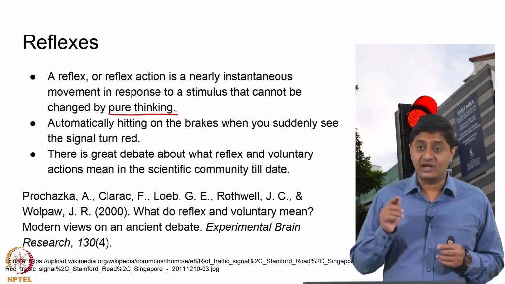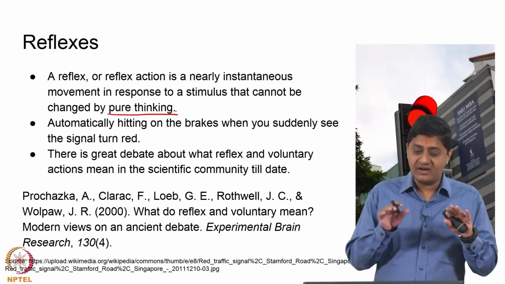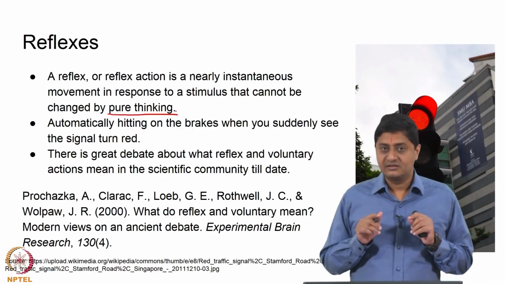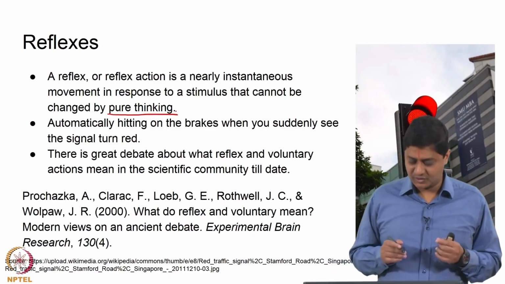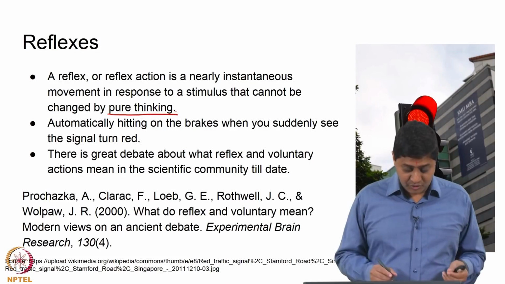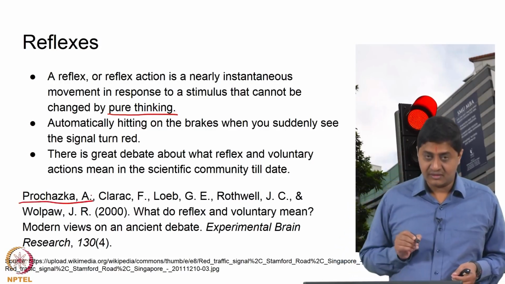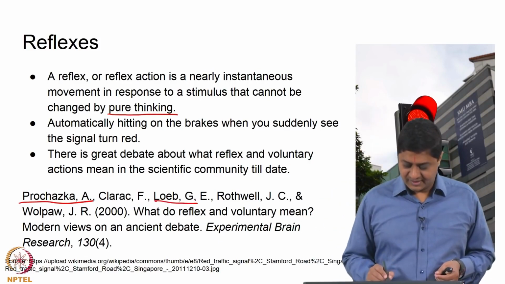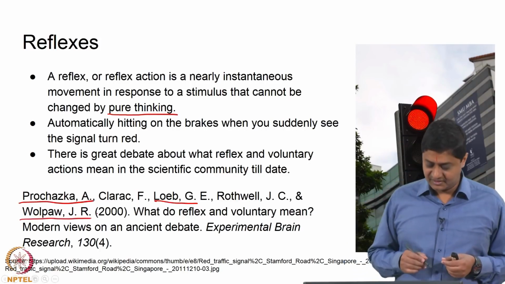And again within non-reflex there are several things, reflexes that fall at the edge between voluntary and non-voluntary. What is voluntary and what is reflex? We do not know the answers to this question. We still do not know. Here is a paper by brilliant scientists Arthur Prochazka, Jerry Loeb, John Rothwell and Jonathan Wolpaw, who are experts in this field.